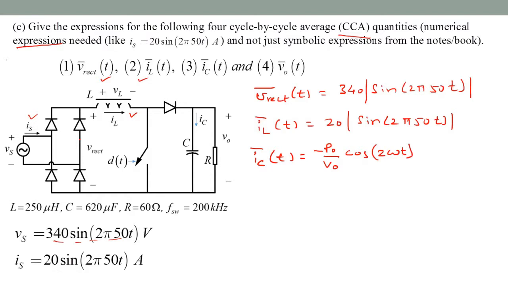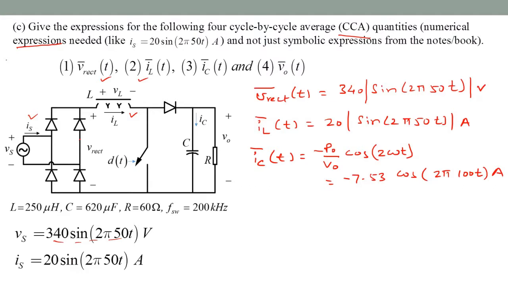So that is minus 7.53, that is the P out over V out value, times 53 cosine of 2 pi times 100, 2 times 50 t. Okay, so this is voltage, this is current, and this is current.